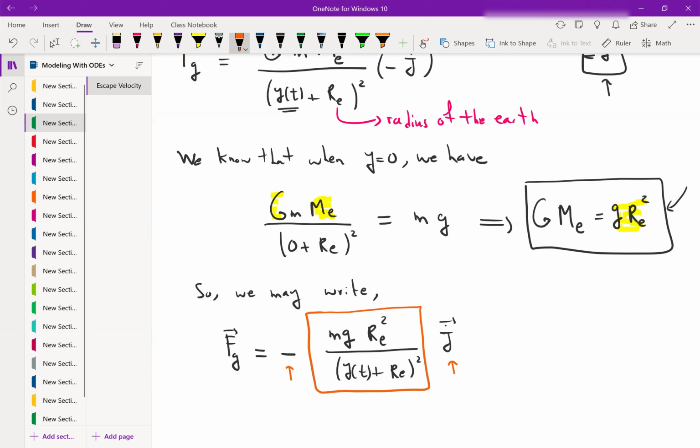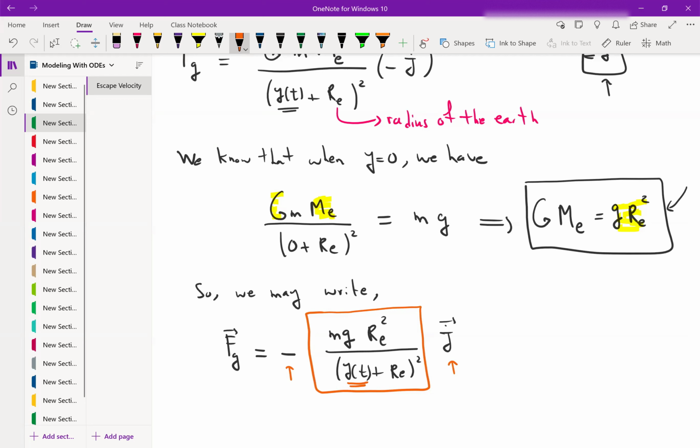But that is when you're on the surface of the Earth, right? And here we have a generalization of that formula. I want you to notice that when y is 0, you get your old formula back. So this is a sanity check. Yes, this formula is working. When y of t is 0, when I'm on the surface of the Earth, this will give me the mg that I knew about. Okay, this is very good.